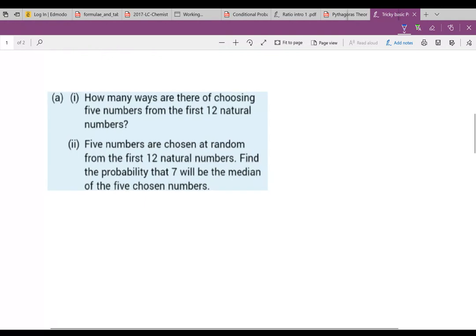Second question: how many ways are there of choosing 5 numbers from the first 12? Again, this was fine. We had 12 choose 5, 792 ways, and I think most people got that absolutely fine. 5 numbers are chosen at random from the first 12 natural numbers. Find the probability that 7 will be the median. Now, if I have 5 numbers, 7 can easily be the median.